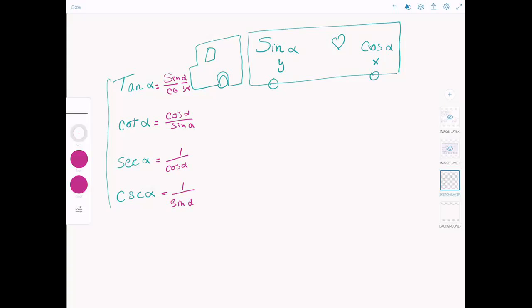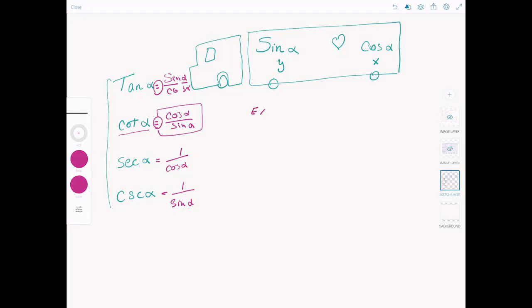So what is identity? Identity means this one. I mean, cotangent equals cosine over sine. That's an identity.